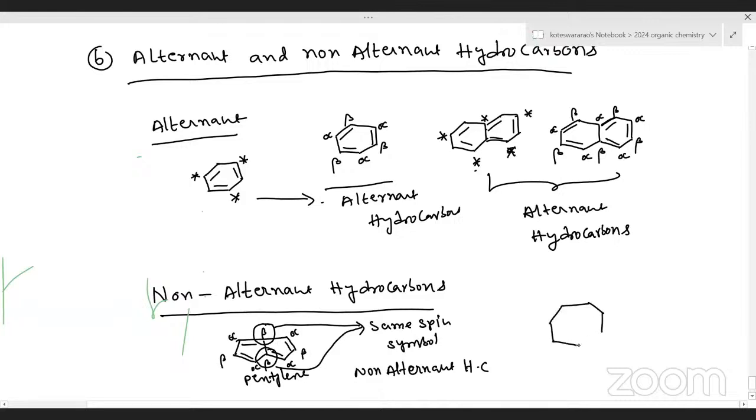This is a 7-member ring. This 7-member ring is fused with a 5-member ring, and that is called azulene. Right. This is the azulene molecule.